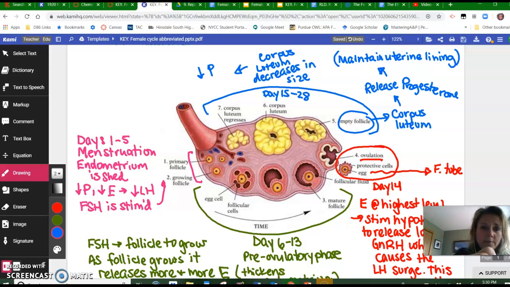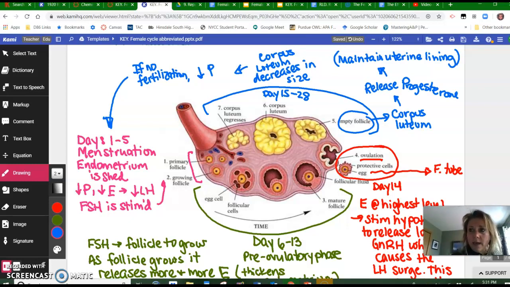And if there's no fertilization, then we go right back to where we started, and the endometrial lining is shed, and we have menstruation.